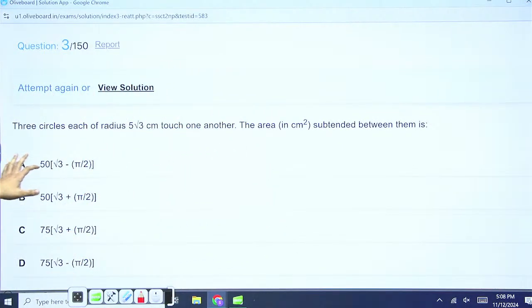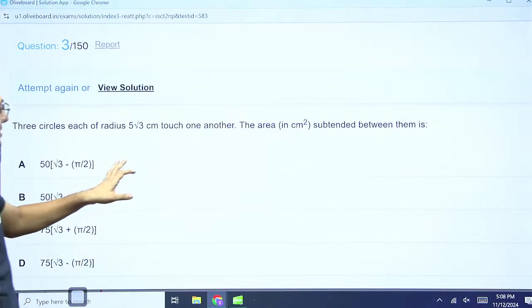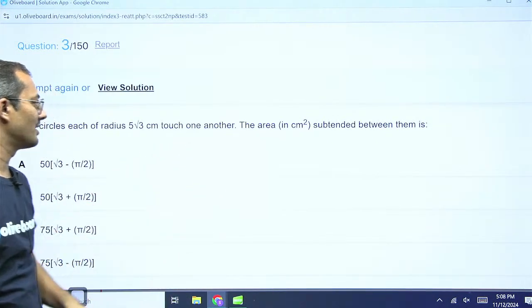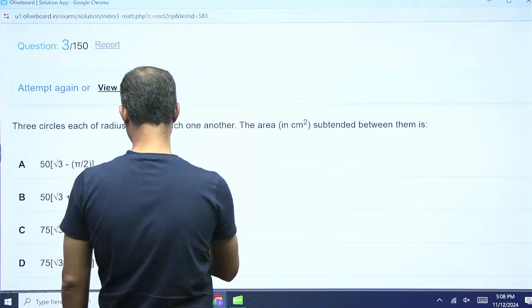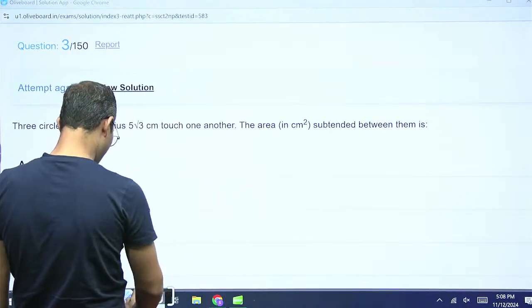See, 3 circles each of radius 5√3 centimeters touch one another. The area subtended between them. Now you have to calculate the area subtended, or we can say enclosed, by the 3 circles, right? If you know the direct formula, you can use it here.